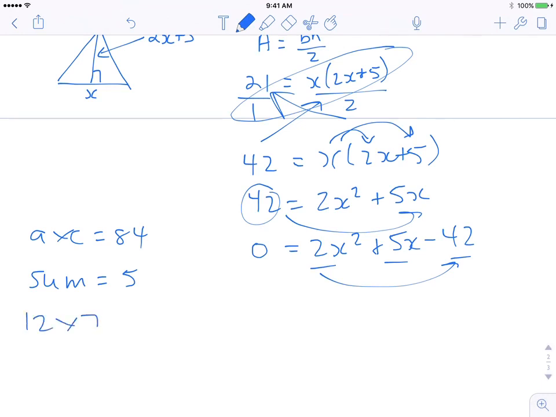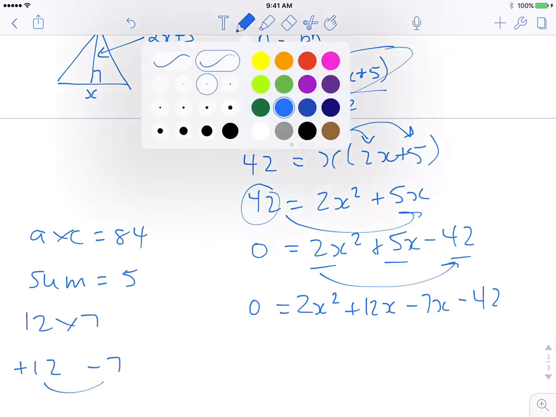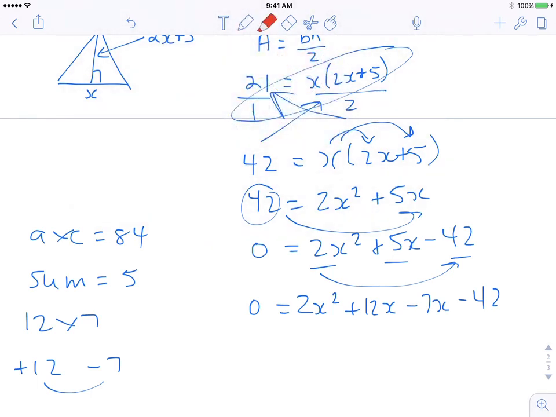If we have a positive 12 and a negative 7, they would multiply to negative 84, and they would also add up to a sum of positive 5. So we're going to say 0 equals 2x squared plus 12x minus 7x minus 42. That's decomposition. What we've really done here is break down our middle term into positive 12x minus 7x, but they still have a sum of positive 5x.